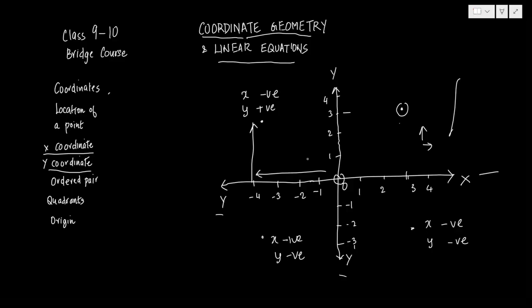So using these 4 parts, we can identify the location of any point with respect to the point O, which is called the origin. By the way, this is called the first quadrant, this is called the second quadrant, this is the third quadrant, and this is the fourth quadrant.